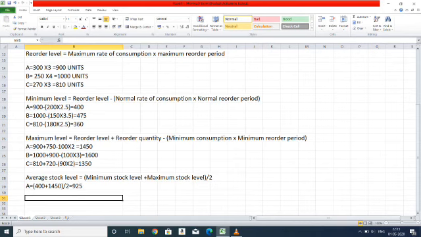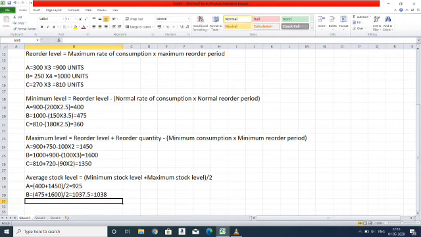Then in case of B, minimum 475 plus maximum 1600 all divided by 2, that is equal to 1037.5. We rounded it to 1038.